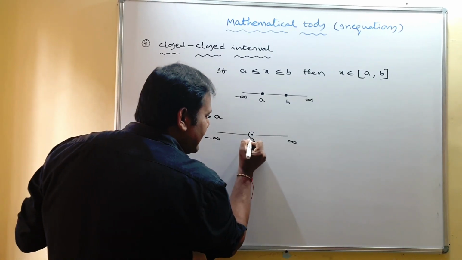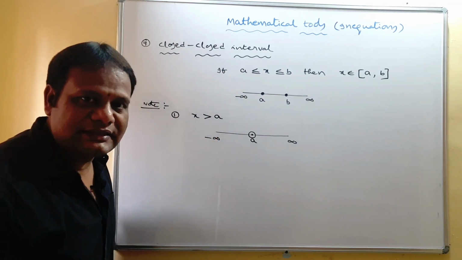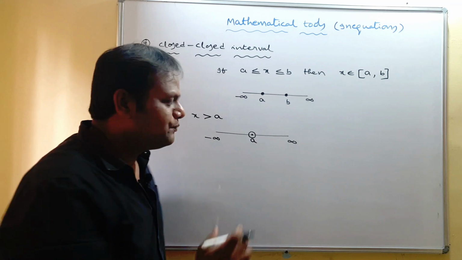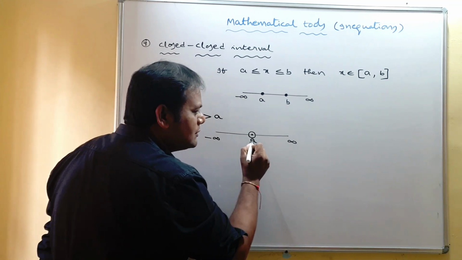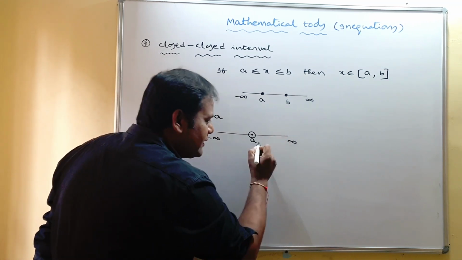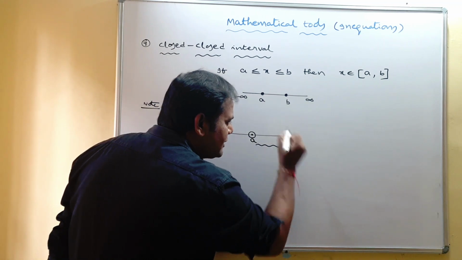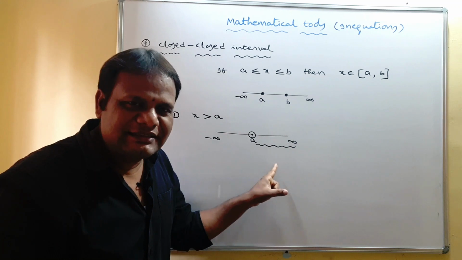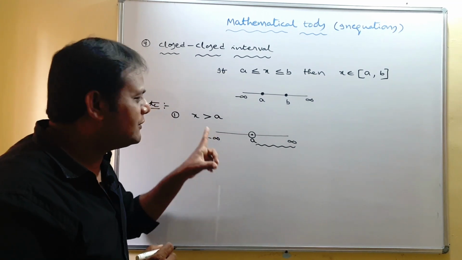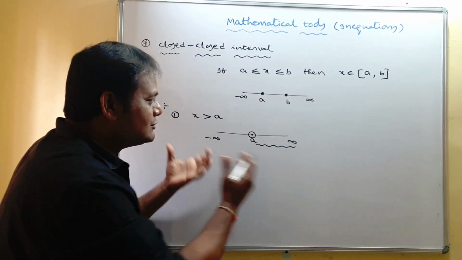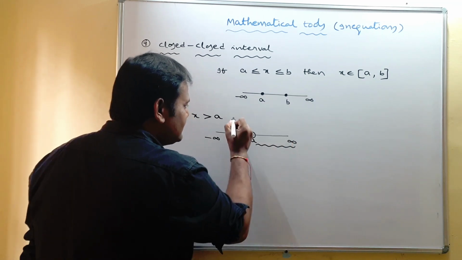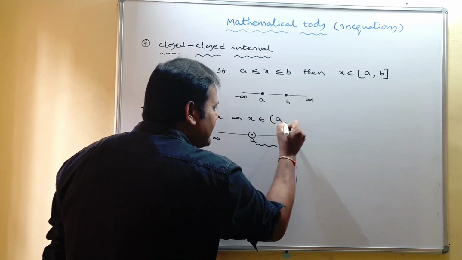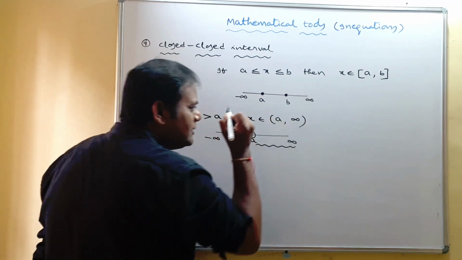So here at a you can take one blank circle. So what values can you take? You can take the values after a. After a means, can I take all the values between a and infinity? Yes, you can take all the values between a and infinity. So how to represent that? That is x belongs to open interval a comma infinity.